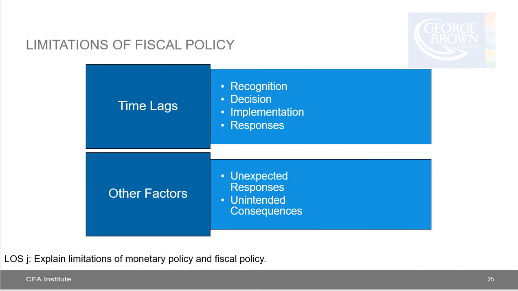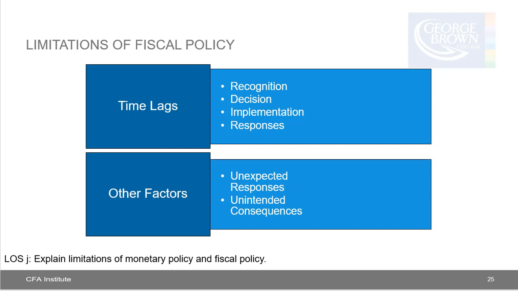This slide is looking at limitations of fiscal policy. So there's time lags and there's other factors. So time lags include recognition of the economic change that requires fiscal policy action. Then there has to be a decision on the fiscal policy response, either increase or decrease taxes, increase or decrease spending. Then there has to be implementation of the decision, and then there needs to be the responses to the changed fiscal policy.